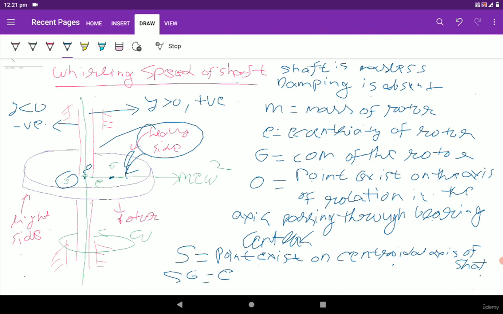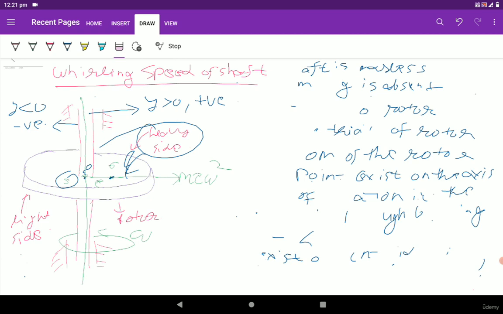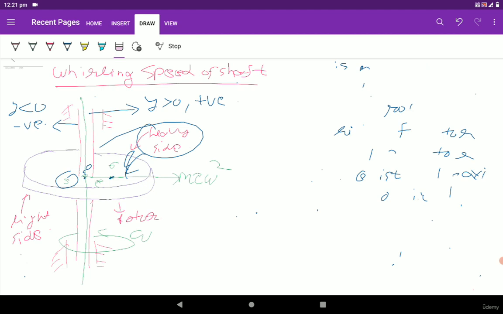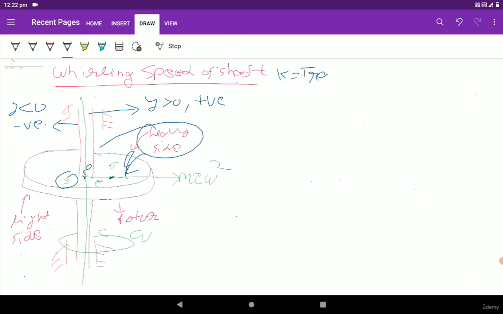And here k is equal to the transverse stiffness of the shaft.